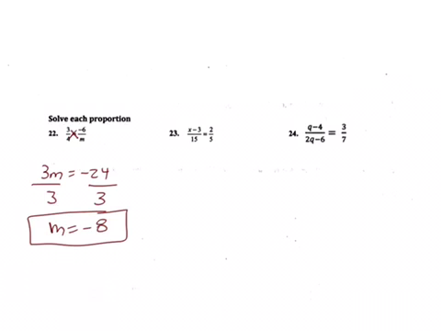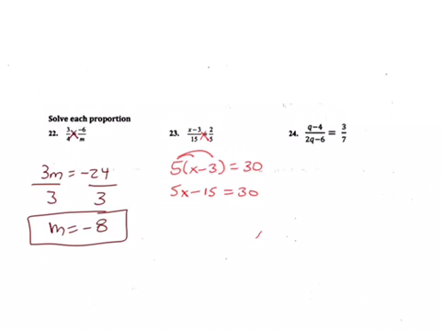Question 23, you have the quantity x minus 3 over 15 equals 2 over 5. Once again, we're going to cross multiply. So we've got 5 times the quantity x minus 3 equals 2 times 15, which is 30. We'll then distribute the 5. We've got 5x minus 15 equals 30.